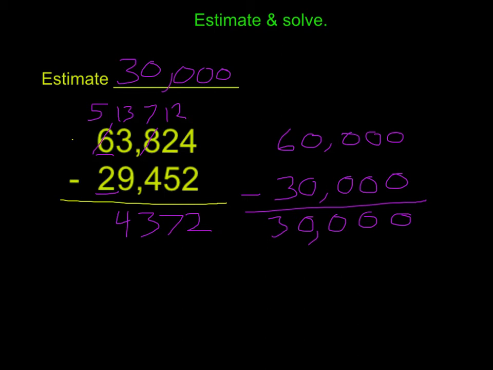And then we have our 5 subtract 2. 5 subtract 2 is 3. And we get 34,372. And we know for sure that this is reasonable. Our estimate is reasonable because if we were to round 34,372 to the nearest 10,000, we would get 30,000. So it's a really good estimate.